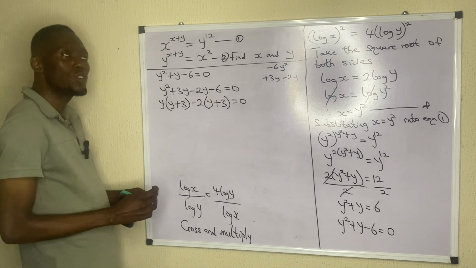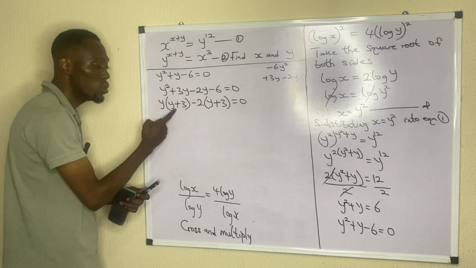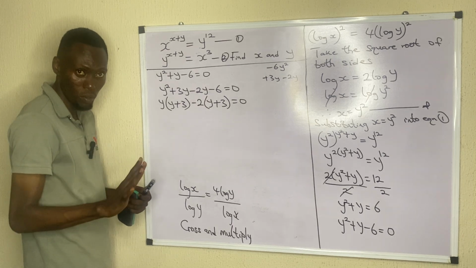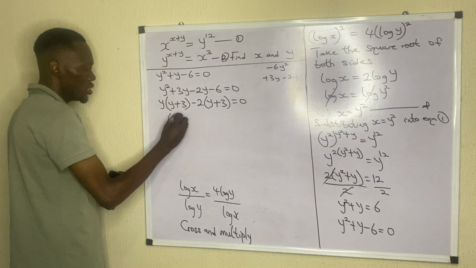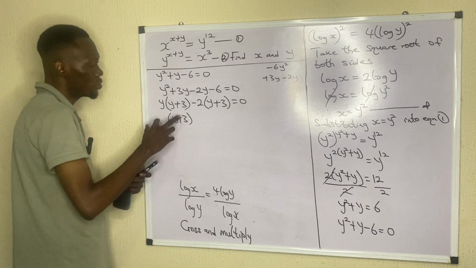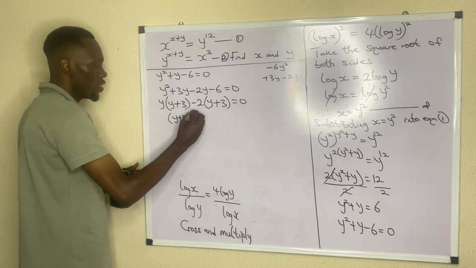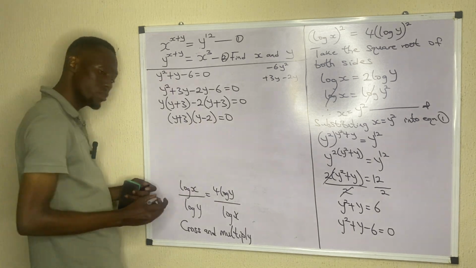Once you are solving a quadratic equation using factorization method, what you have in this bracket and this bracket must be the same. If it's not the same, you are wrong. Okay, so we can pick one of the brackets, which is y plus 3, which is a factor, and the other linear term that we use in getting that, which is the other factor, y minus 2, equals 0, right?